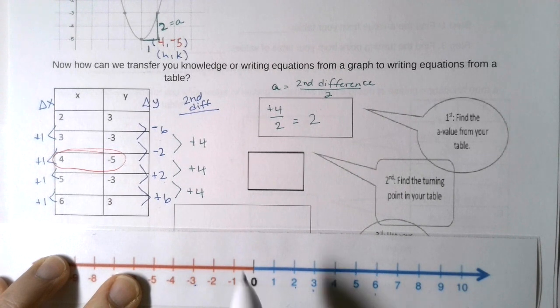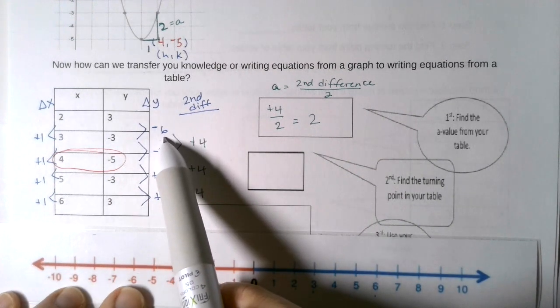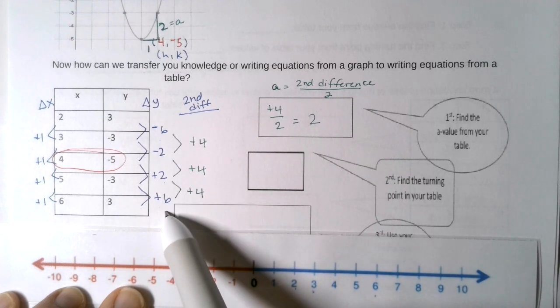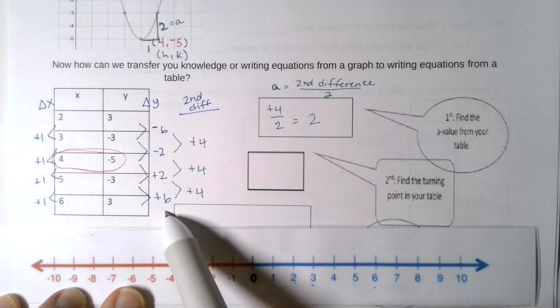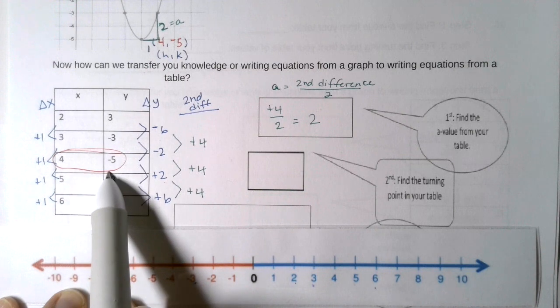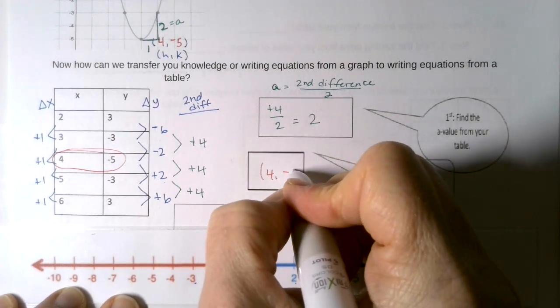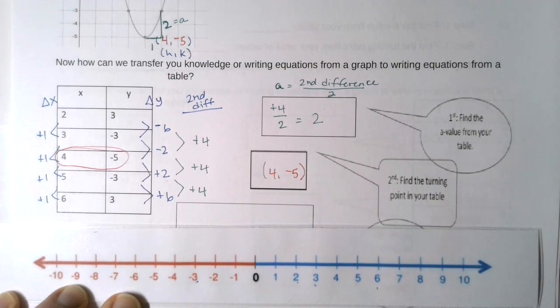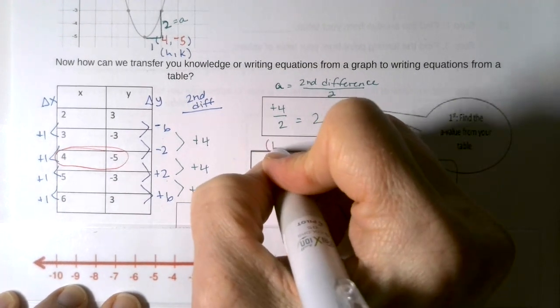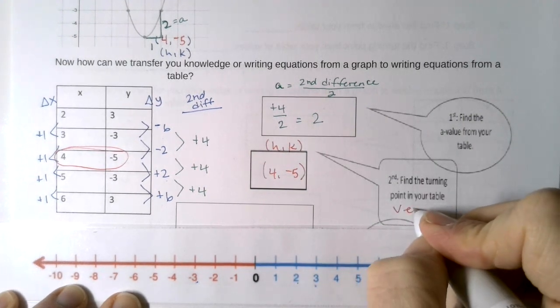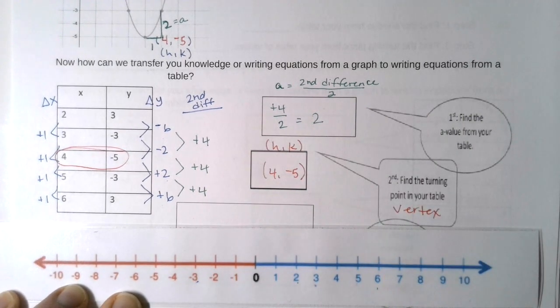You can look at your change in y to see where it went from increasing to decreasing or from decreasing to increasing. And we see that that ordered pair is 4, -5. So now we know our a value and we know our hk. And remember that turning point is called a vertex.